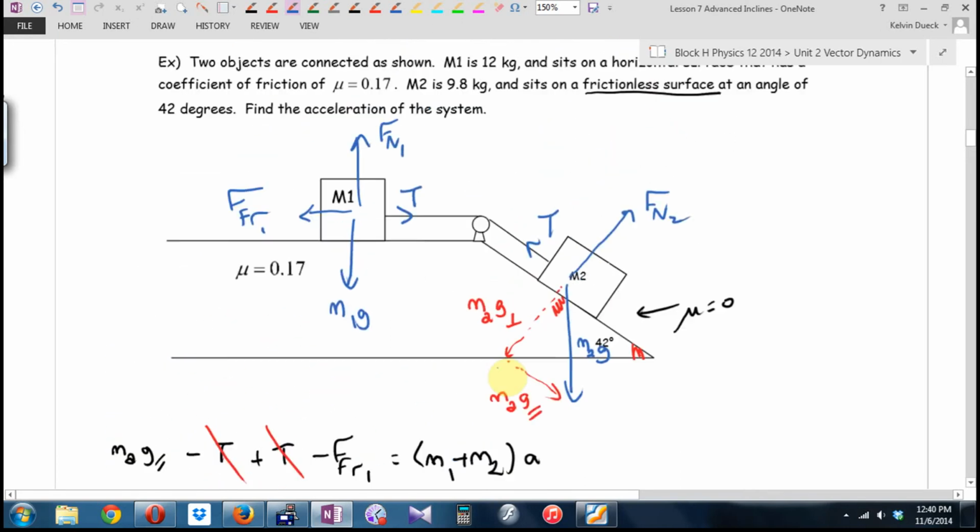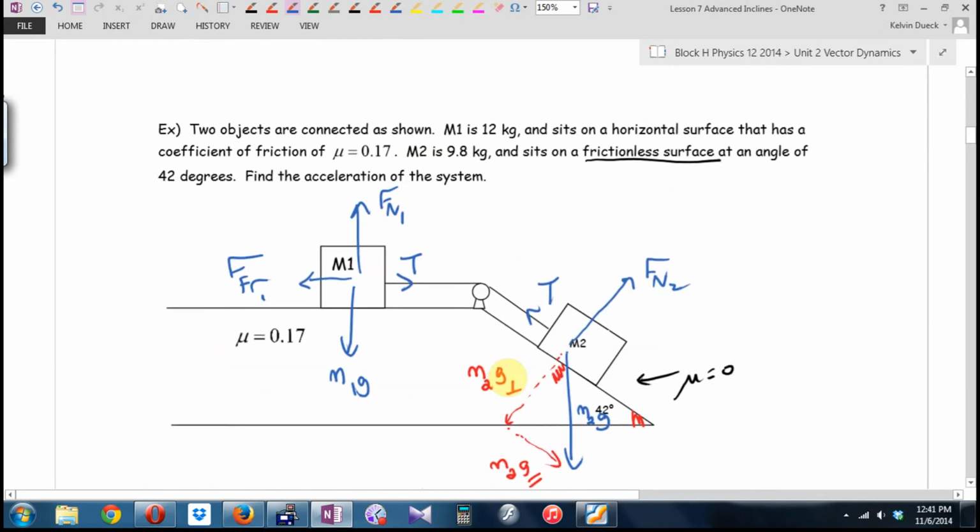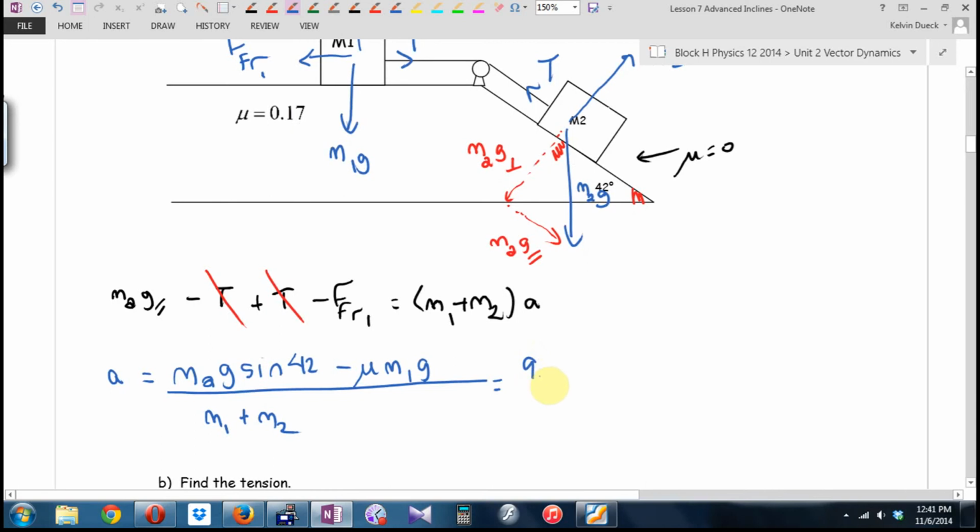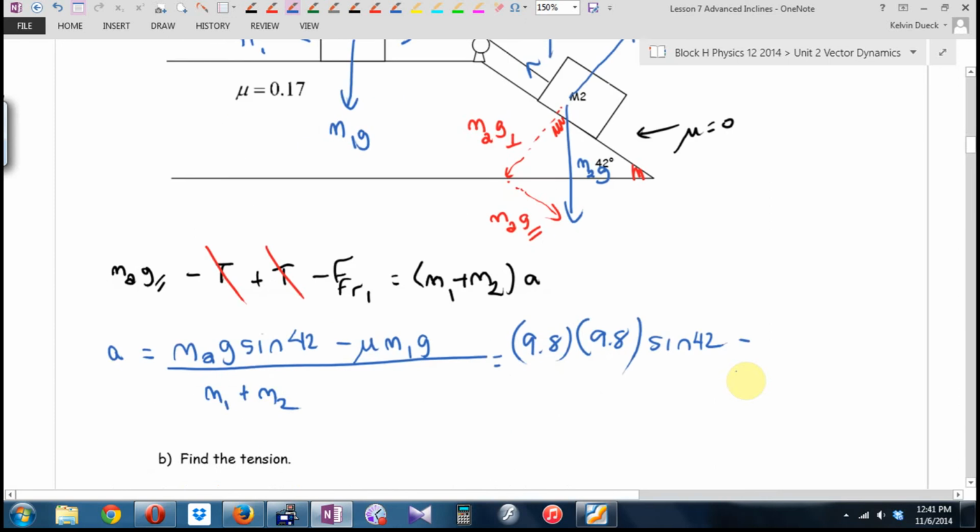Hey, now it's plug and chug. M2 was 12? No, 9.8. Times also, for some reason, 9.8. Sine 42 minus, what's mu? I don't know. What's mu with you? 0.17?